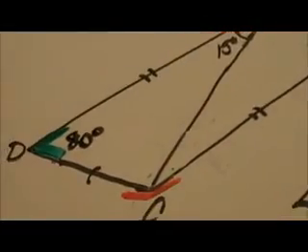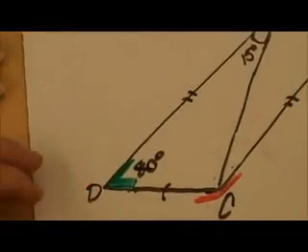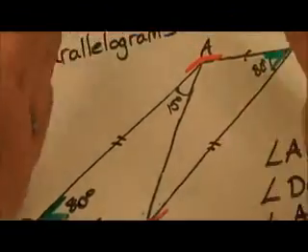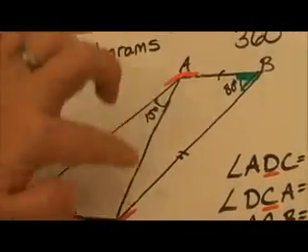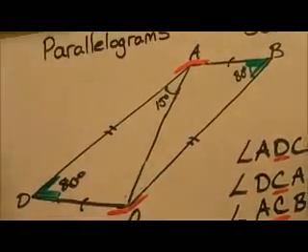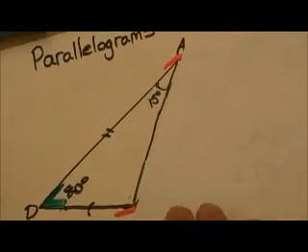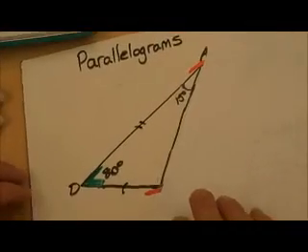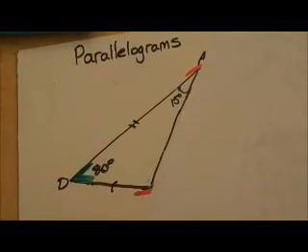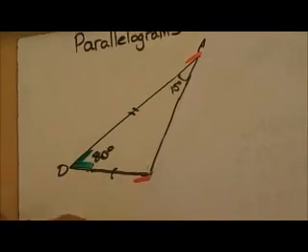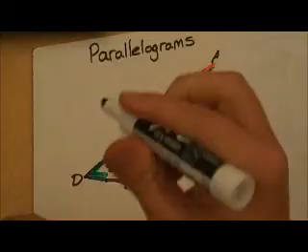Now I have something that I can easily work with. If I look at my parallelogram as a whole, I see a parallelogram. But I see that it has a line segment cutting through it. If I happen to do this, all of a sudden, what do I see? A triangle. And your great teachers that you have in your room each day have taught you that a triangle has 180 degrees.